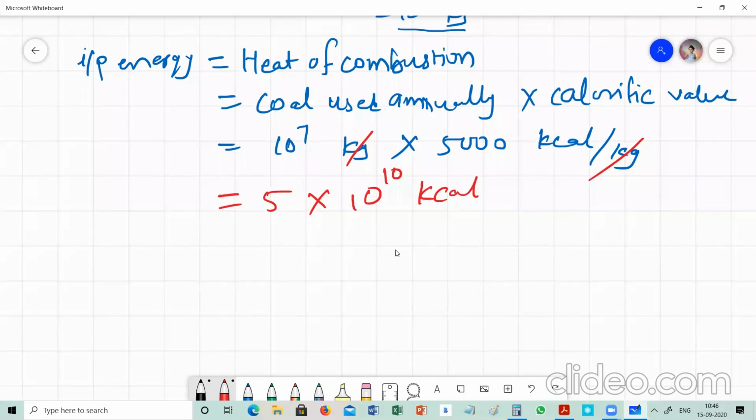Also we can now calculate the output energy. Output energy is nothing but units generated.